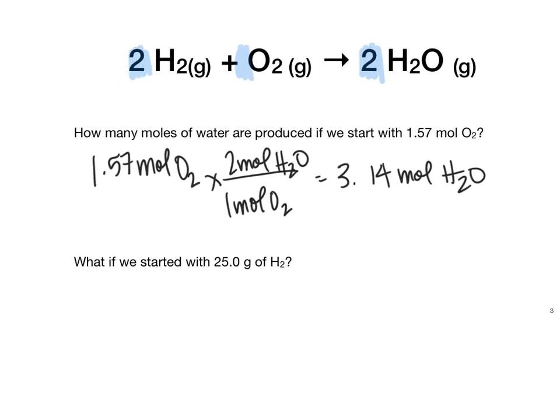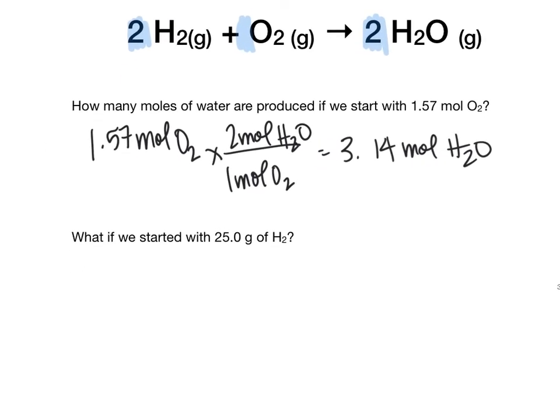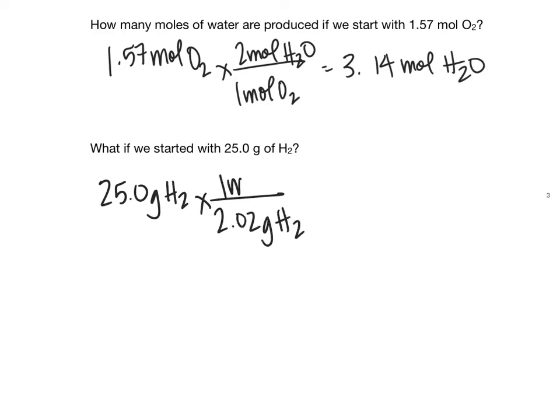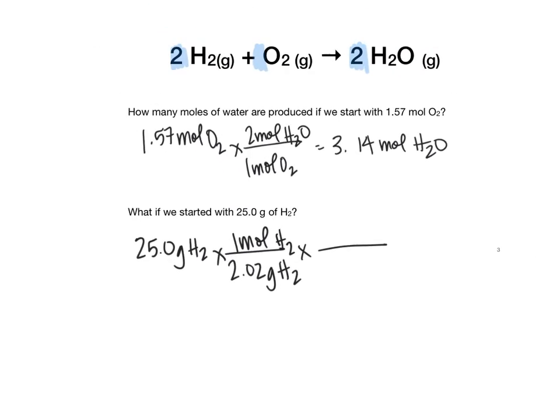So let's do the same calculation, but now we're going to start with 25 grams of hydrogen gas. Now we're going to use the molar mass. So 1 mole of H2 gas is 2.02 grams of H2. Now we need to use our stoichiometric coefficient.